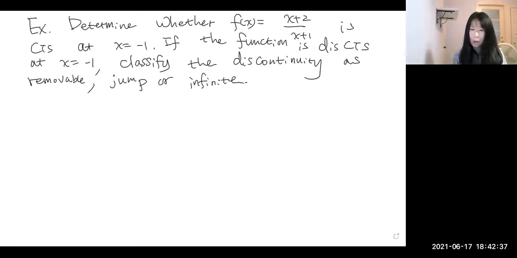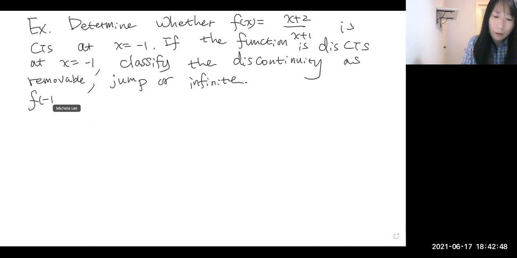So is it continuous at x = -1? No. So f(-1) is undefined, right?